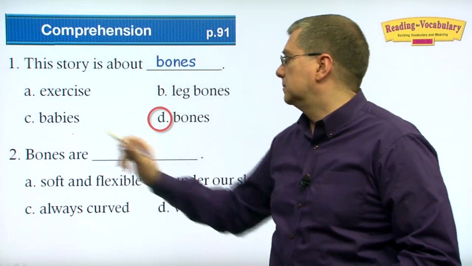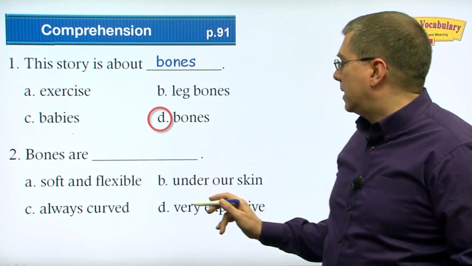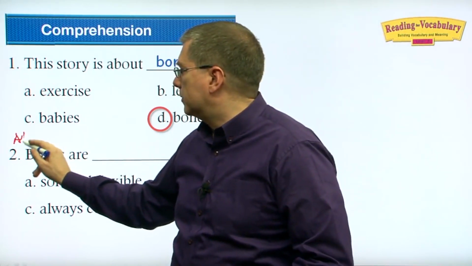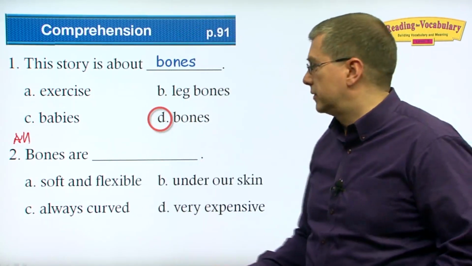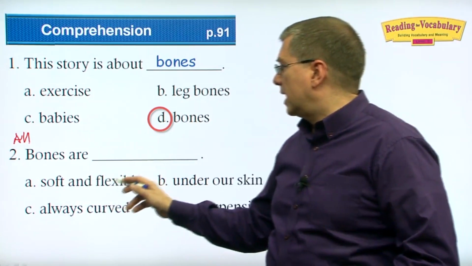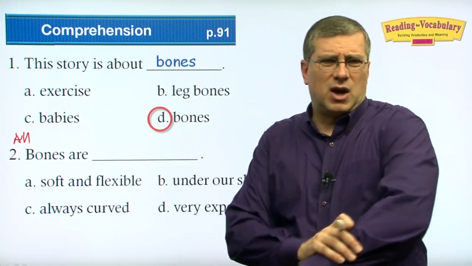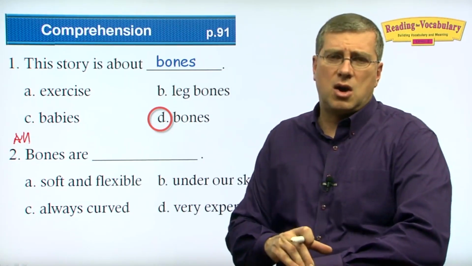Okay. Number 2, bones are what, right? And remember, we're talking about bones. It's like you're saying all bones, right? All the bones. Not just some bones, but all the bones. All bones are what? Soft and flexible. Soft and flexible? Bones are soft, right? If I push my bones, they're not soft, they're hard.